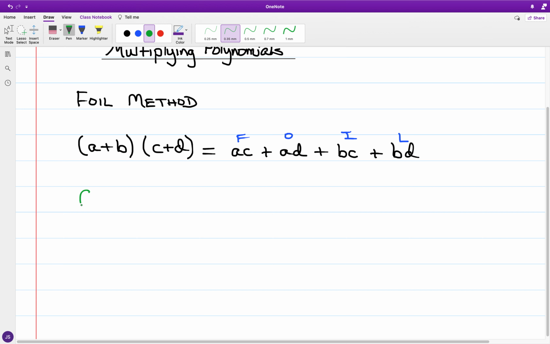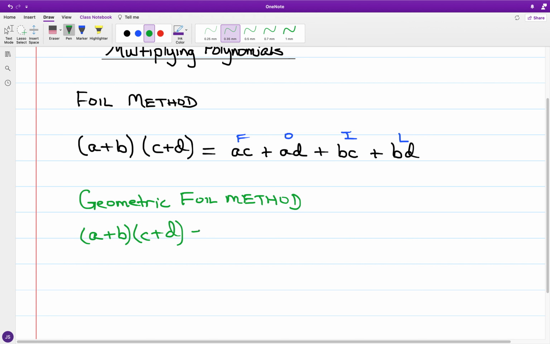And some of you might have seen what's referred to as the box method. This is what's referred to as the geometric FOIL method. Again, starting out, you have binomials, as in two-term expressions. You have a plus b and c plus d.